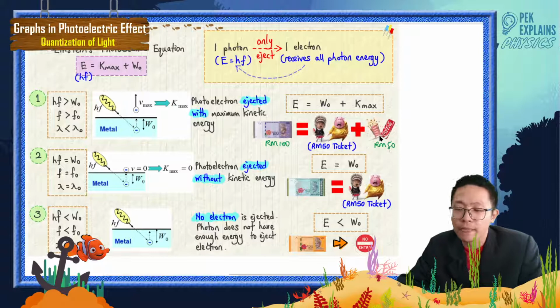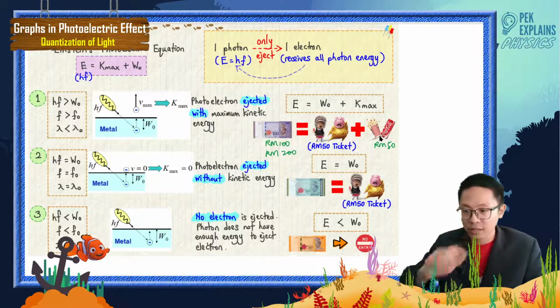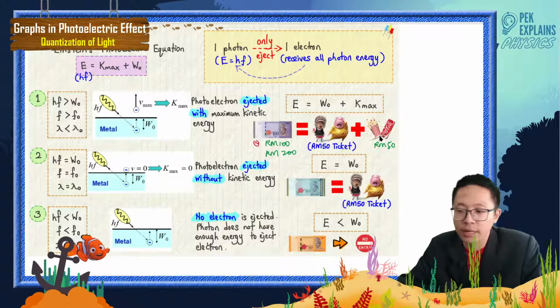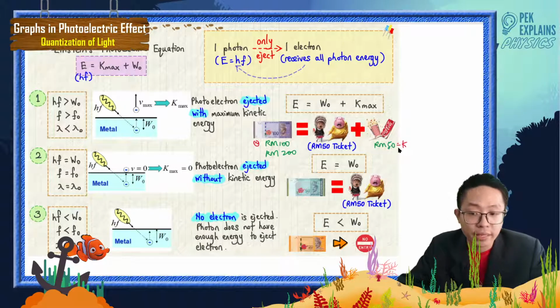But what if you have an incident photon coming with 200 ringgit? Incident photon. Maybe the 100 ringgit is just the red light. It's just a red light, small energy. 100 ringgit. So this is the kinetic energy, 50 ringgit. The remaining energy after minus the work function, the binding energy.